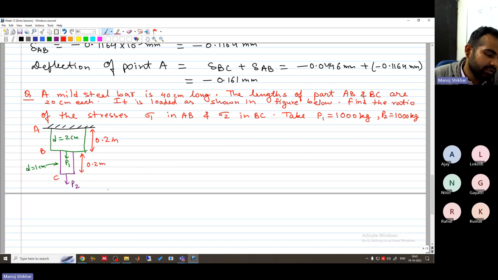So we can start again by drawing the free body diagram. Okay. So free body diagram will be for BC. For BC, this is P2 and this is P2.